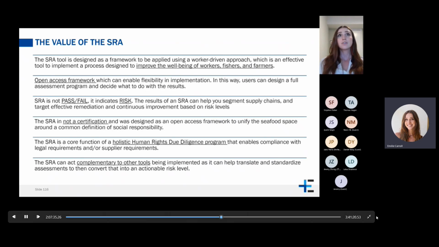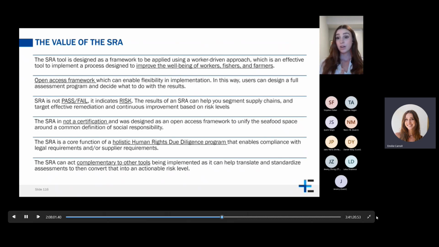It's an open access framework, so it enables flexibility in implementation, like I mentioned before. Users can design a full assessment program and design what to do with the results. Then as well, like I said, it's not pass-fail, it's indicating risk, so it's a different way to look at results. Whereas with an audit, you'll say, okay, they were non-compliant on this one, let's work with that.